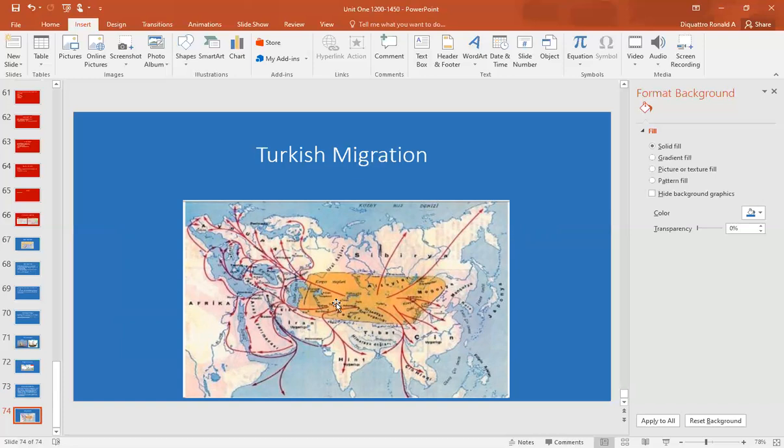Turkish migrants who had converted to Islam had swooped into India where they saw vulnerability, and they're the ones who are going to build the Delhi Sultanate. So know that these groups of people are out there, and know that sometimes they will attack and take over some of the more established big picture civilizations.